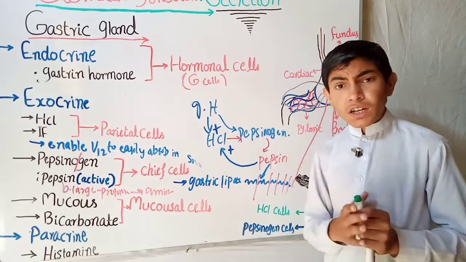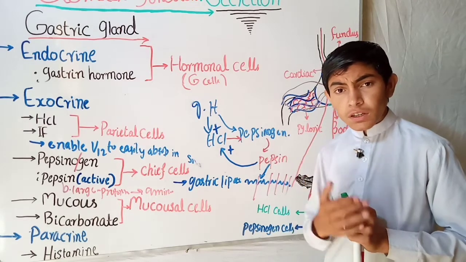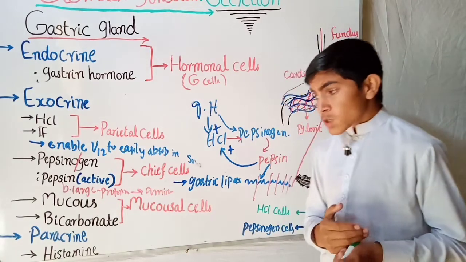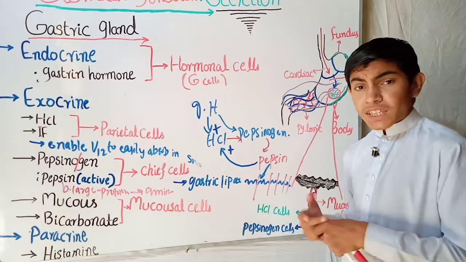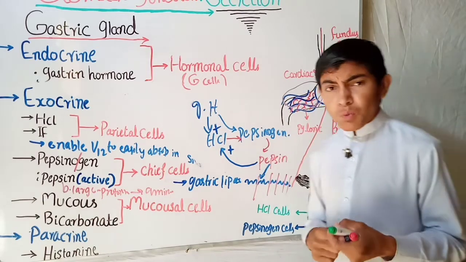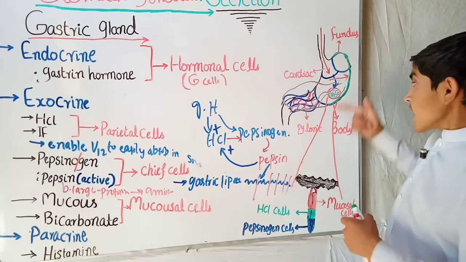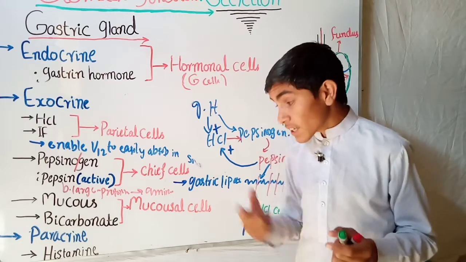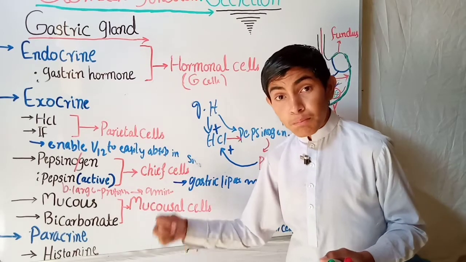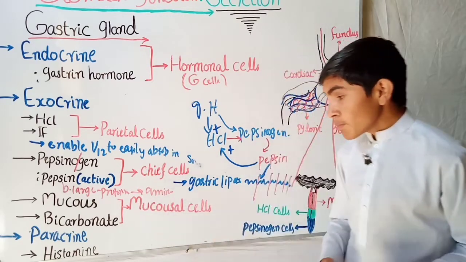So when germs and bacteria enter our mouth through the food, some are killed in the mouth, but those remaining move to the stomach, where they are again killed by the bicarbonate secreted by the mucosal cells.